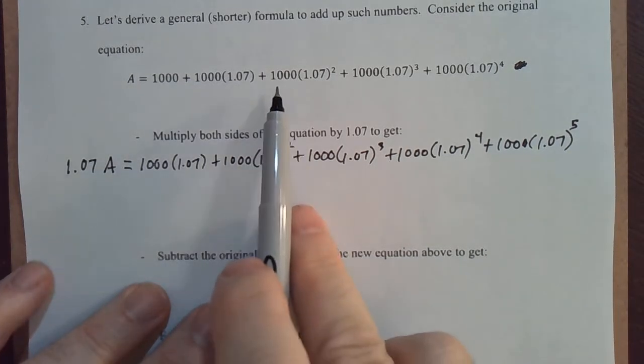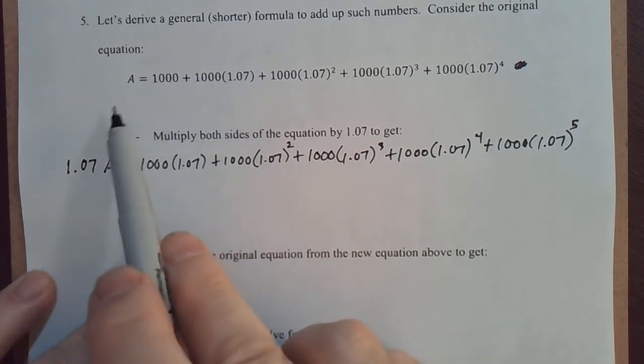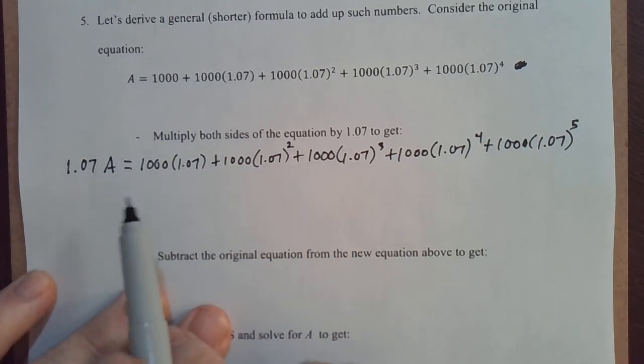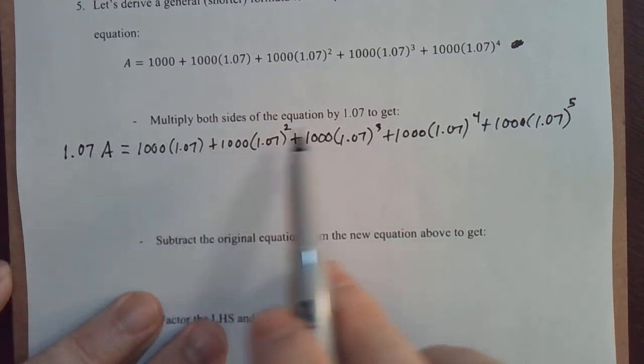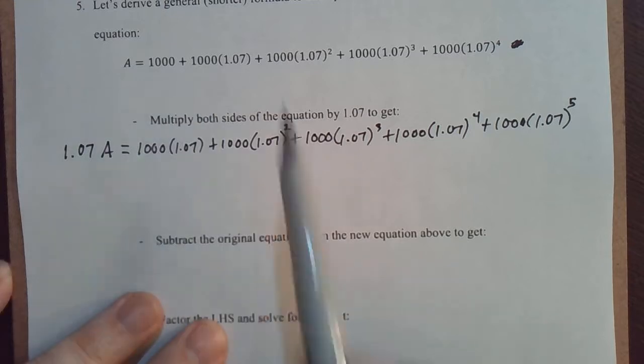So this is equivalent to this because we multiplied both sides by the same thing, 1.07. Now, this is our new equation and this is the original equation.